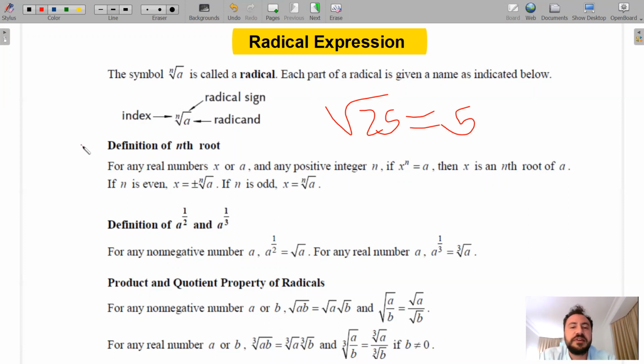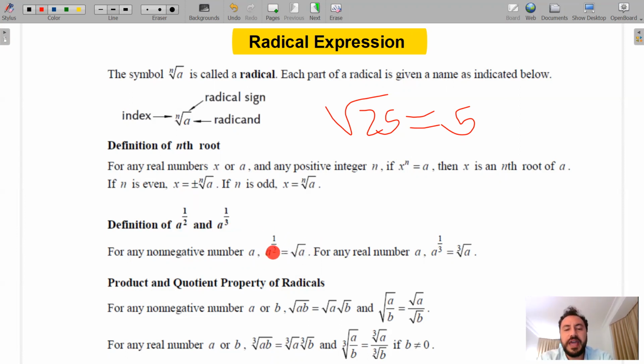Now, what's important for us is to understand how to deal with that on the SAT. And we need to remember a couple of definitions, or ways to write roots in general, and a couple of properties. The first thing we need to remember is that whenever we see a fraction as an exponent, these are just expressing roots.